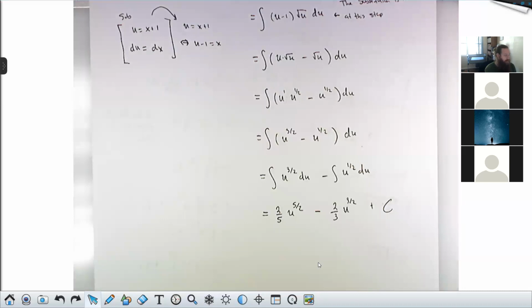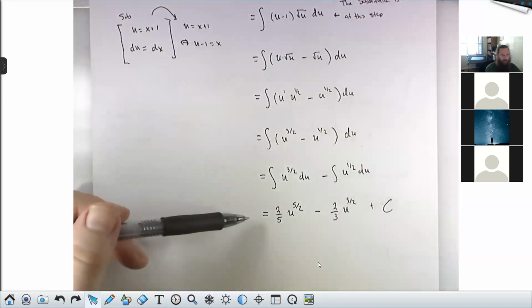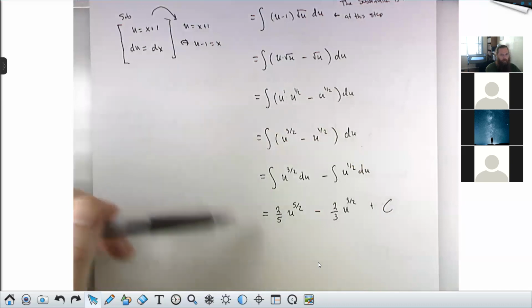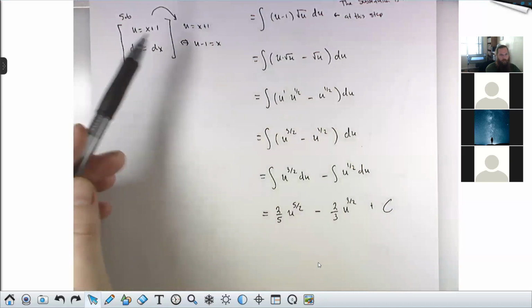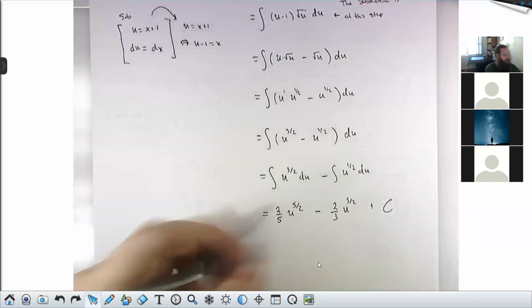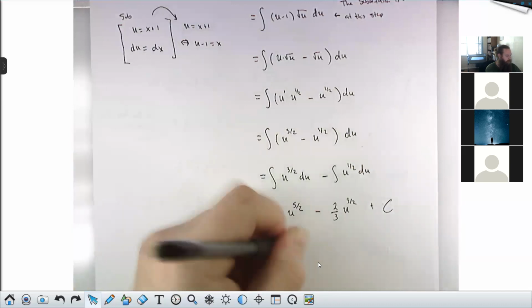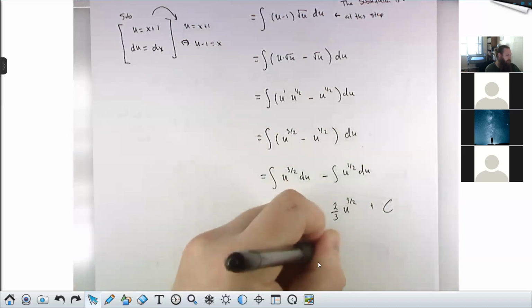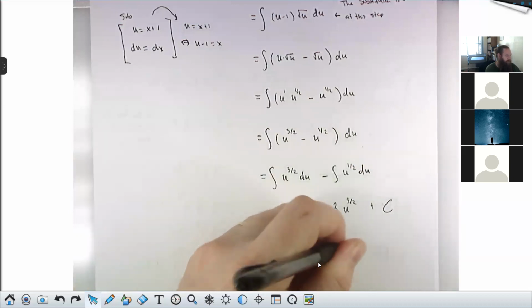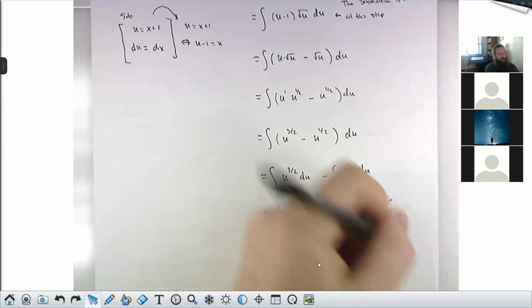Finally, because it is an indefinite integral, I don't have any bounds, so I'm not plugging in numbers or anything like that. That's why we have a plus C. It also means we have to go back and plug in for u. So this is 2/5 parentheses x plus 1 to the 5/2 minus 2/3 parentheses x plus 1 to the 3/2 plus a constant.